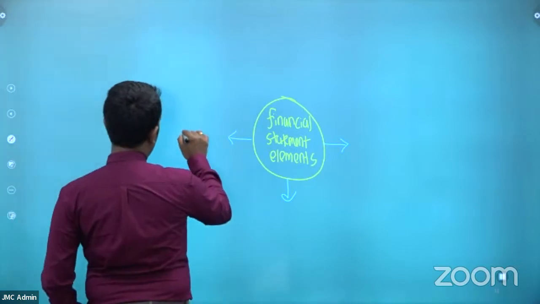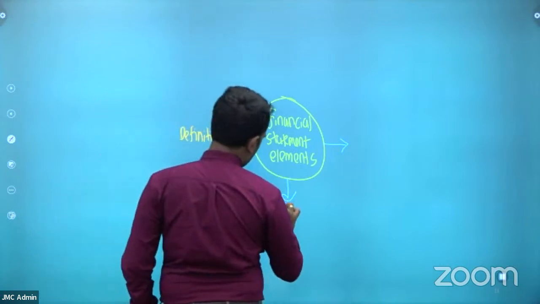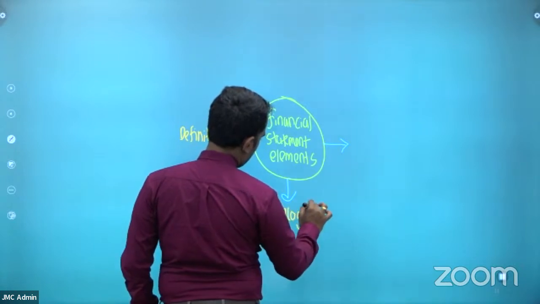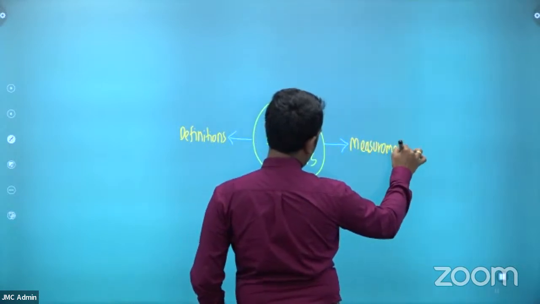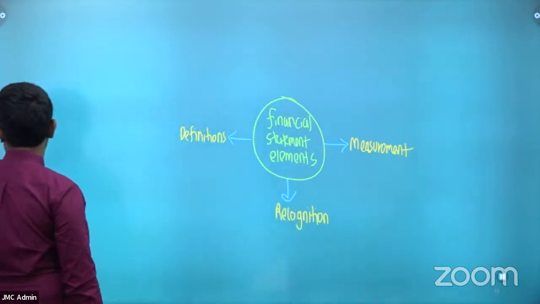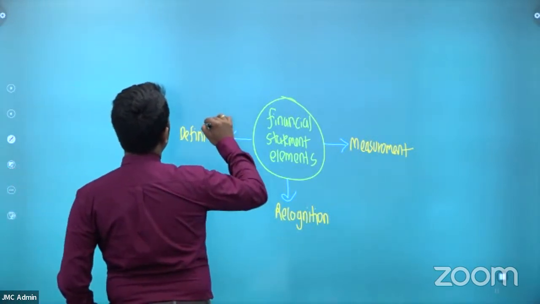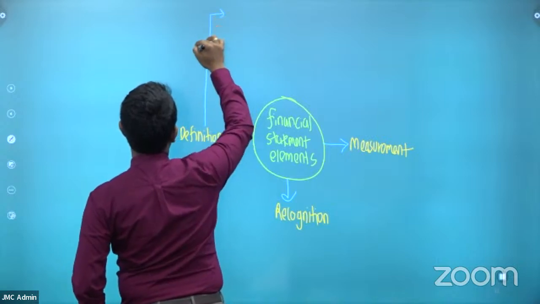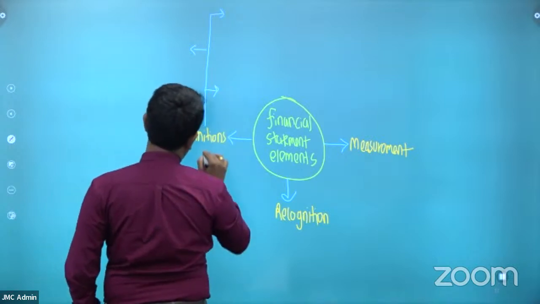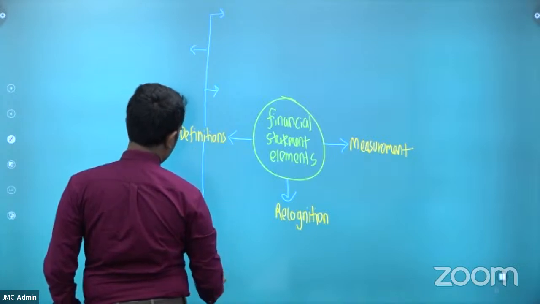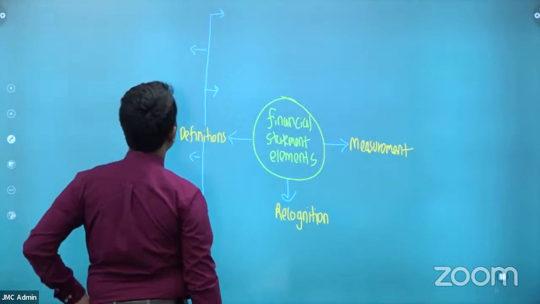Starting with the definitions, recognition and the measurement, there are basically 5 financial statement elements: assets, liabilities, equity, then income and expenses.